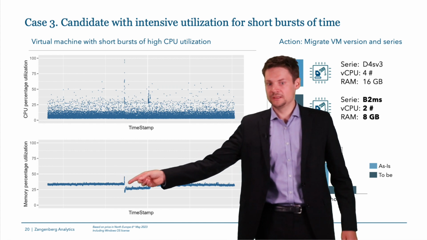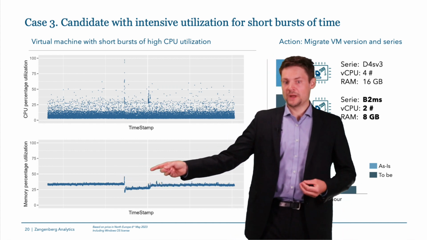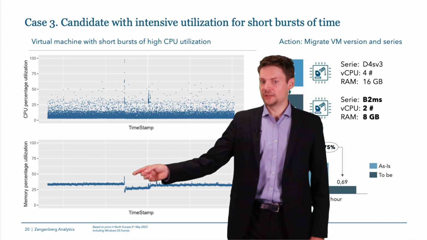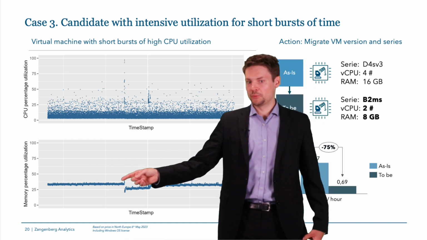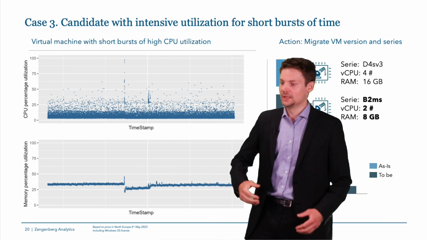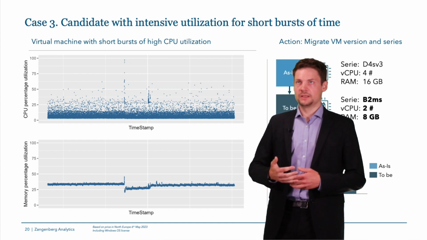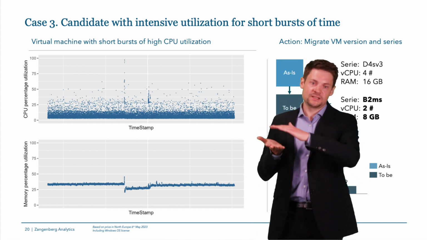We have a small peak here. But the idea behind the burst machine is that for a small amount of time, you can utilize additional capacity. Thereby, the burst machine could handle this small burst in memory. When your burst machine doesn't overutilize, it takes a cap.